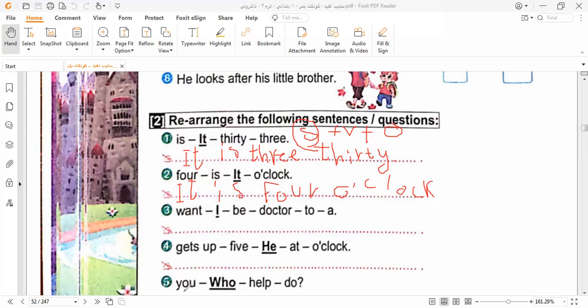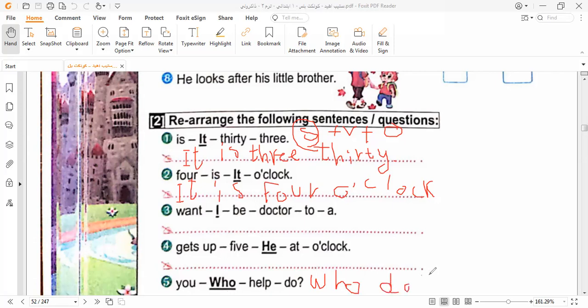Okay. Who helped you? So the answer in this question, what I can do is say who. As I told you, in the question I replace the verb instead of the subject. Like we say, who do you help? Who do you help?